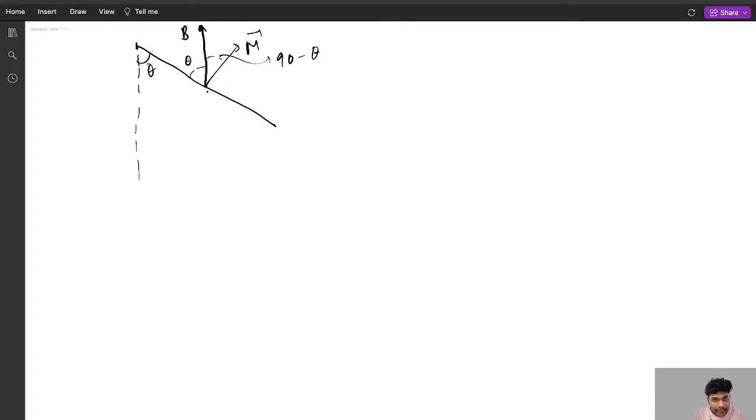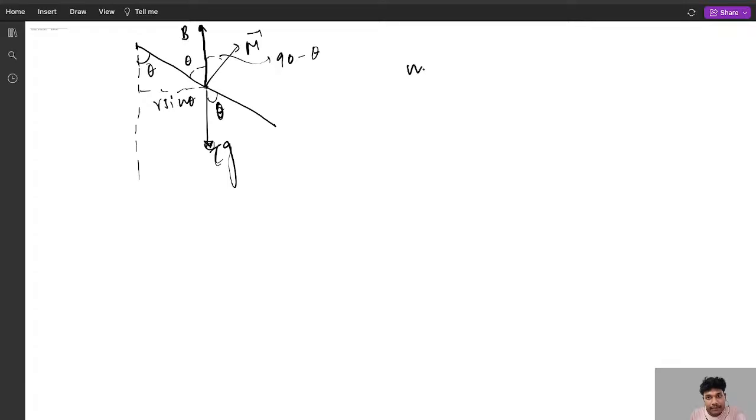The gravitational torque is in this direction, and this distance is r sin theta.